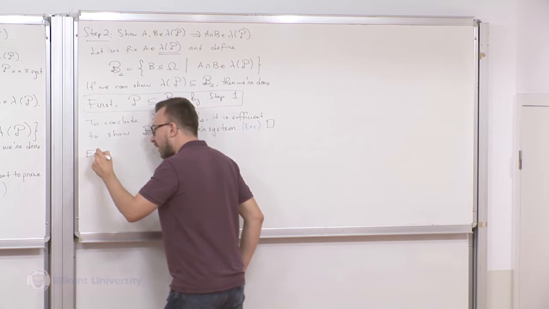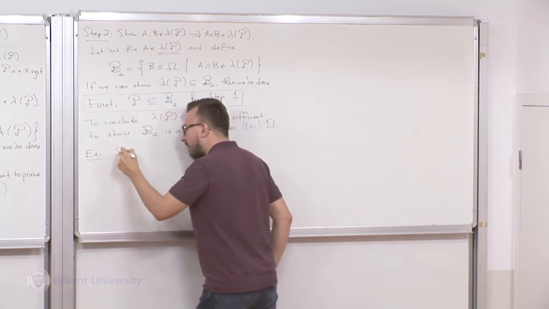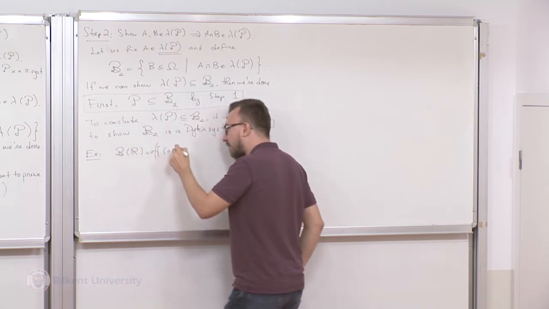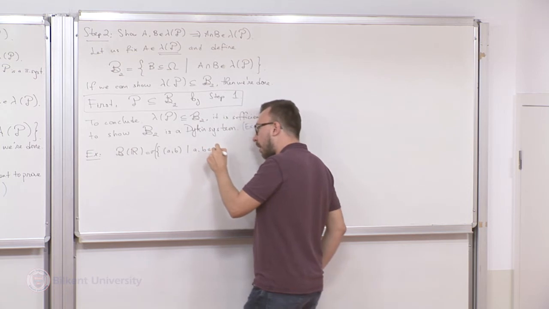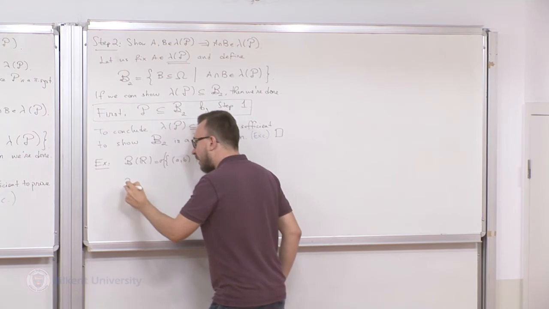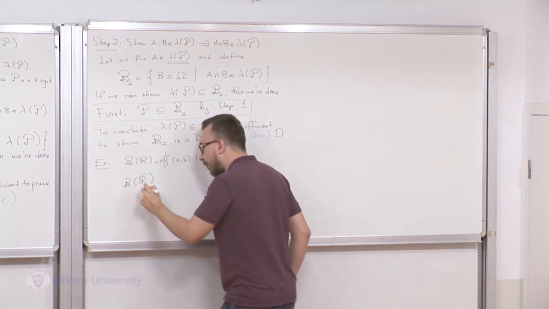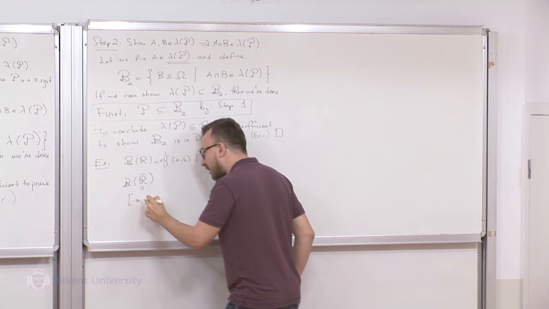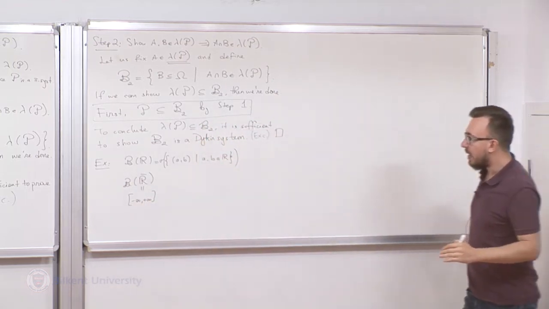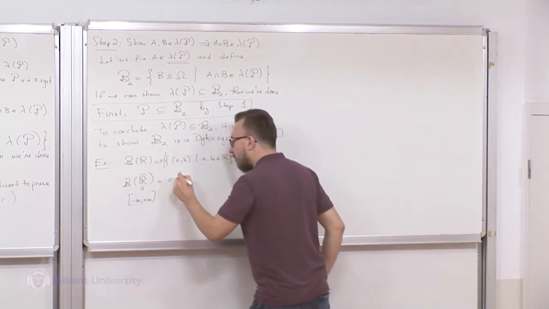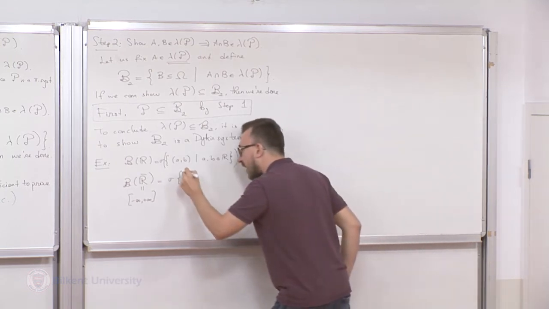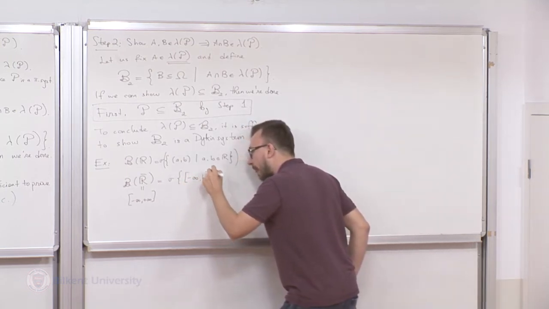So for instance, we have this Borel sigma algebra on the real line generated by intervals, right? You can also define the Borel sigma algebra on the extended real line. What is the extended real line? It is from minus to plus infinity, including the infinities. So if you'd like to define a sigma algebra on this extended real line, you can define it using intervals of this form.